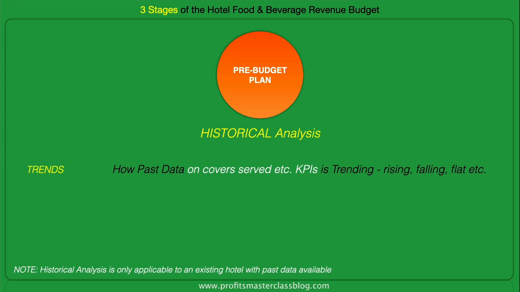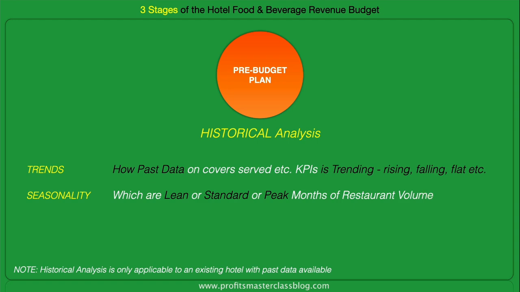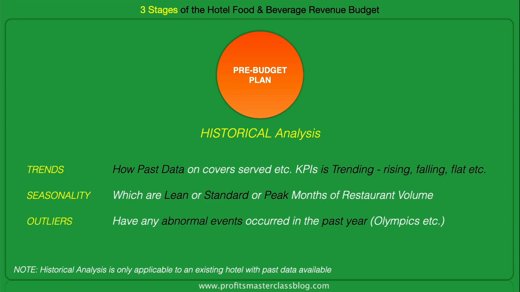Are they decreasing? And so on. And then comes seasonality. The hotel industry is a seasonal industry. So what are the months where it has lean, standard, or peak months of restaurant volume? And then the outliers, the abnormal events that occurred in the past year, like Olympics once in 4 years.